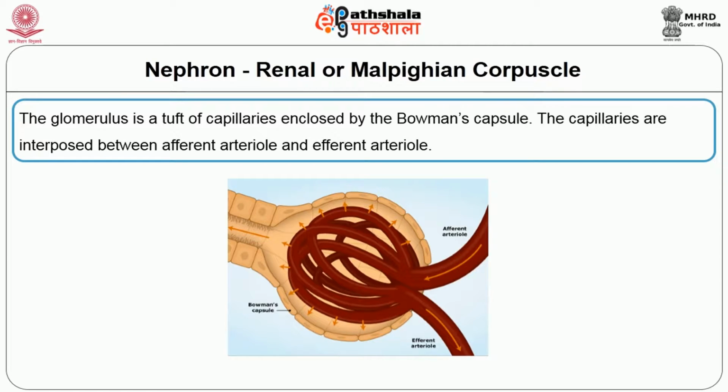The capillaries are interposed between afferent arteriole and efferent arteriole. The afferent arteriole divides into 4 or 5 large capillaries, each of which subdivides into many small capillaries arranged in irregular loops. This is the first part of the nephron where fluid is filtered from the blood.